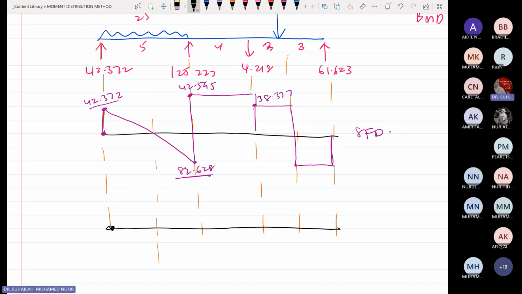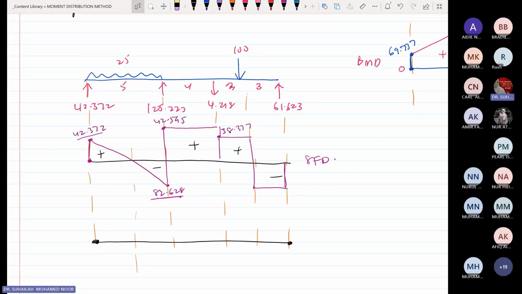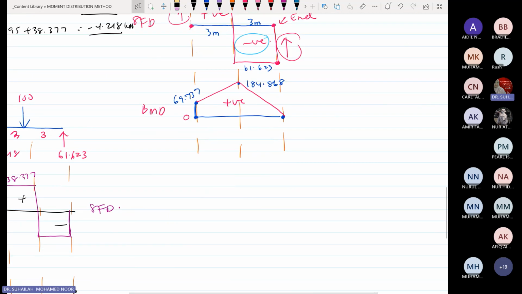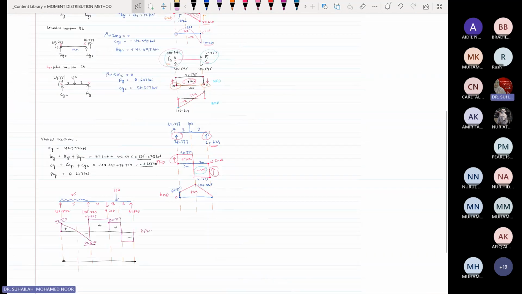Tambah, tolak, sini tambah, sini tolak, sini tambah, sini tambah, sini tolak. So, last you akan dapat 0 balik. Okay? Kalau tak dapat 0, salah. Dapat 0, betul lah. Okay, so you akan dapat balik BMD ni, gabungan BMD yang tadi ni. Gabungan semua ni. Okay?